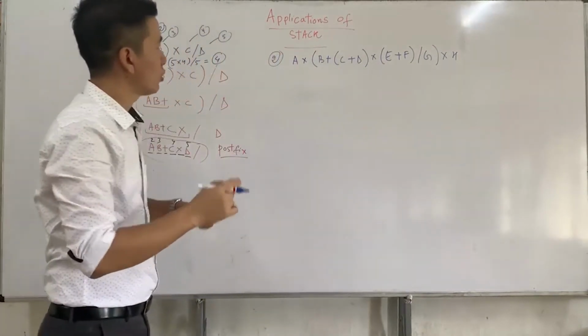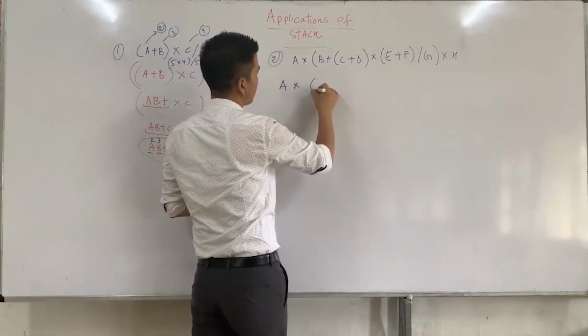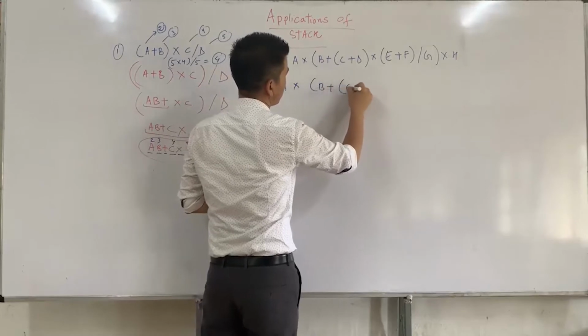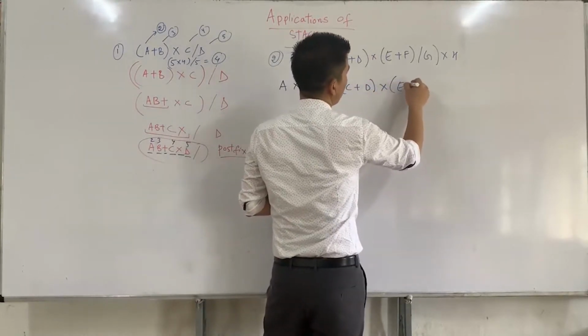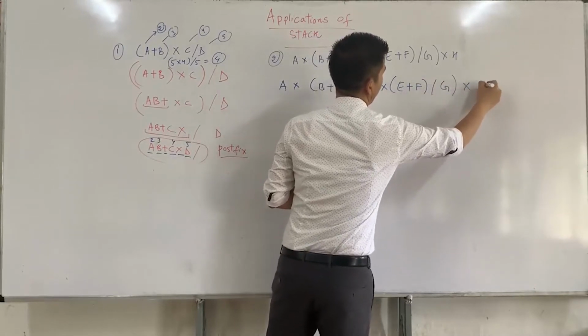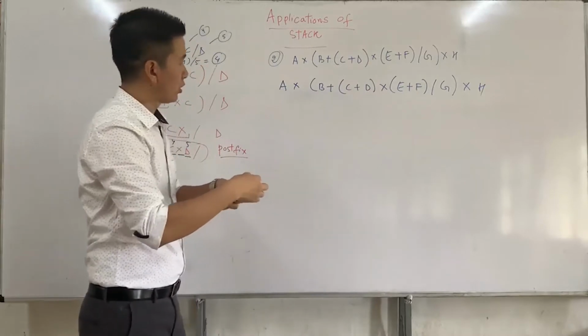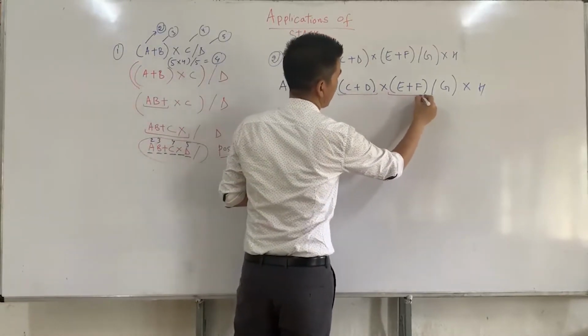I'll just copy this first: B plus C plus D into E plus F, G, and then H. So this will be the first.